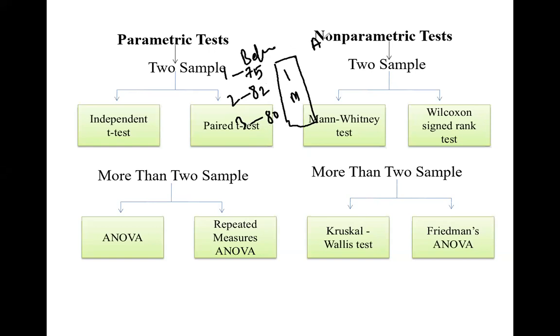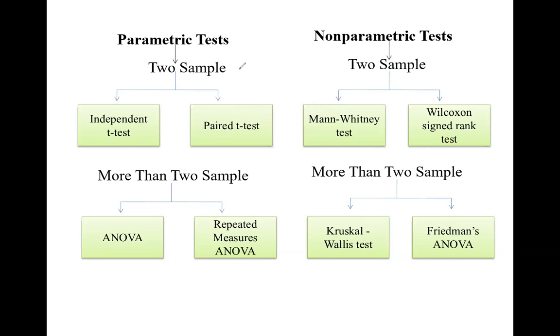And after joining the gym, your weight reduced to 70, 80 and 73. So when the same respondent is observed two times, before treatment and after treatment, we use the paired t-test. Like a doctor gives a prescription to a patient, the time period is one week. Before treatment he observed the fever, and after the treatment he observed it again. If a difference is there, it means the treatment is good.